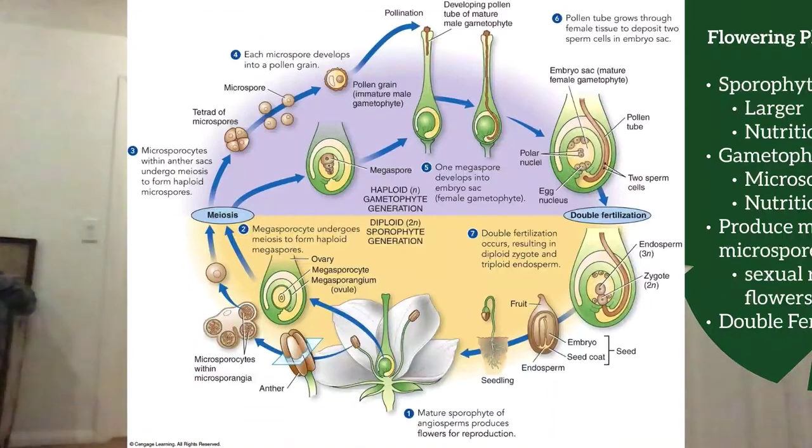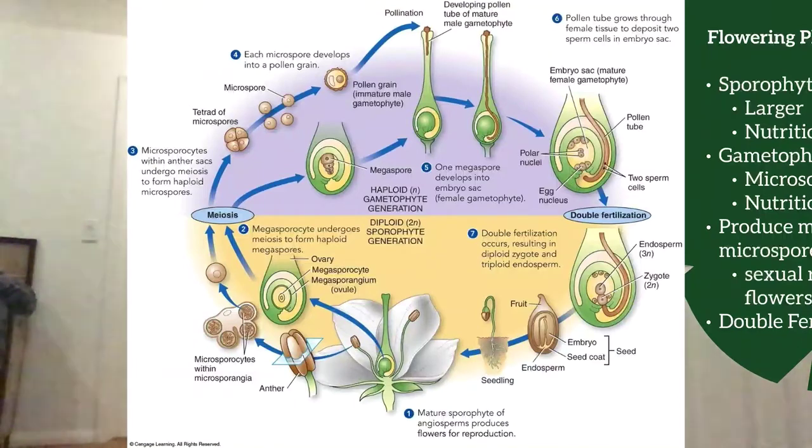So the pollination is when the pollen gets stuck to the sticky stigma at the end of the female portion, and then the pollen grows its pollen tube, and now the pollen with the pollen tube is the mature male gametophyte.